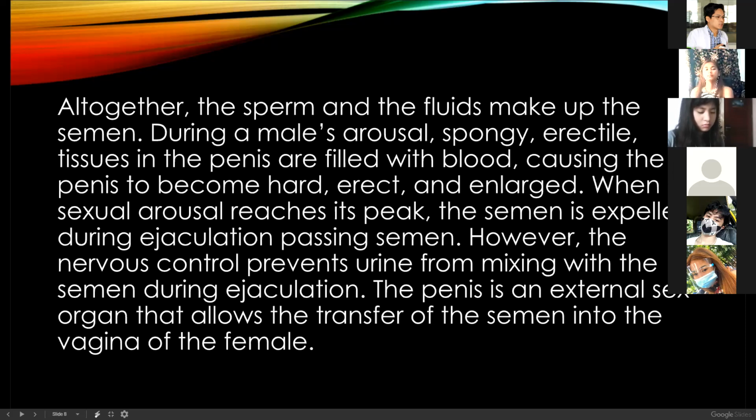Number two, it can actually kill the sperms since urine is acidic. The penis is an external sex organ that allows the transfer of semen into the vagina of the female.